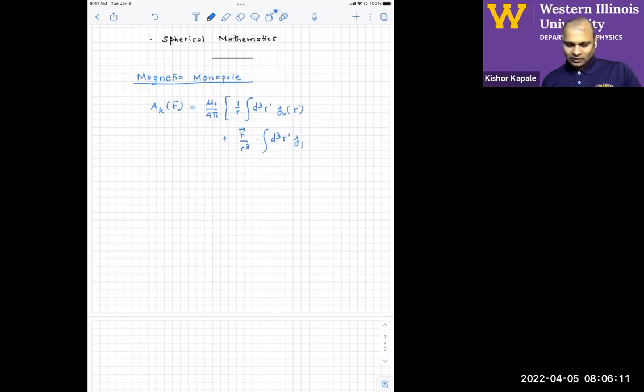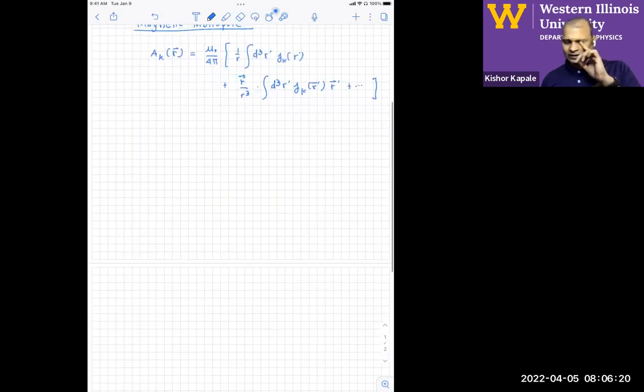And then you have jk of r′, and so on, right? You see the higher order terms. We're going to take a look at only the first two terms. Now, you know that the first term does not contribute. That's the monopole term, that is 0, but we can kind of briefly see that, right?